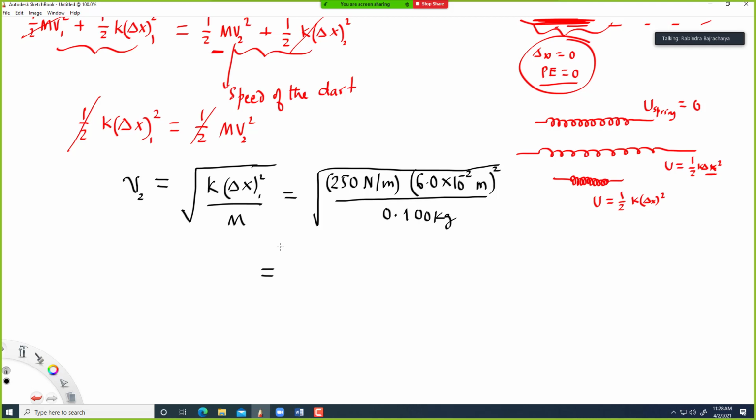That will give you, let us see, 250 times 6, is that 0.3 meters per second maybe? 3 meters per second. So, it should give you 3 meters per second.